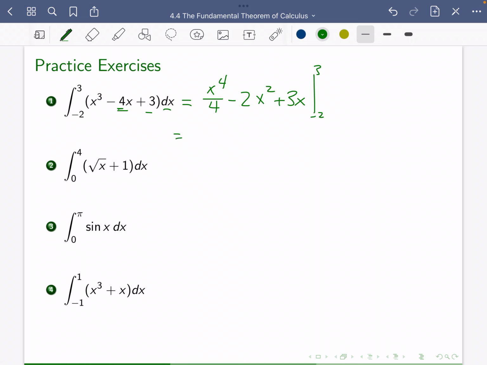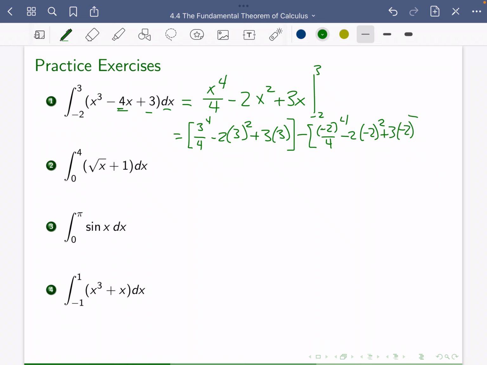And so we will have 3 to the fourth over 4 minus 2 times 3 squared plus 3 times 3, minus negative 2 to the fourth over 4 minus 2 times negative 2 squared plus 3 times negative 2.